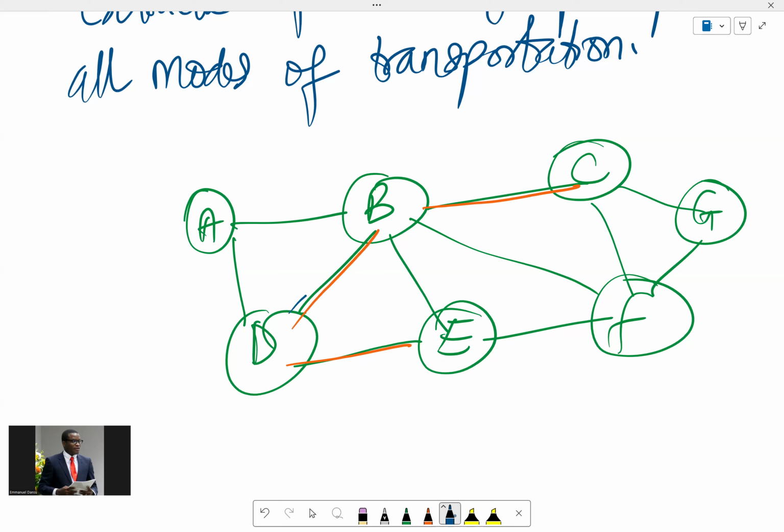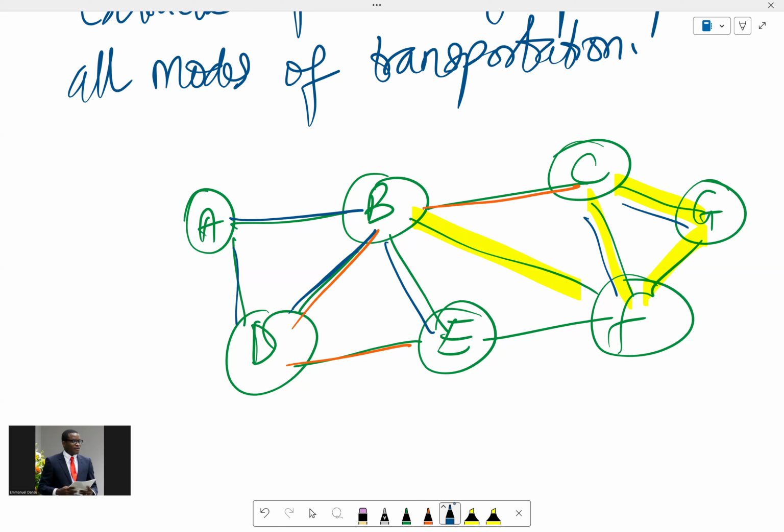Then in some of those places you can have monorails, and then in addition maybe there's a subway, like that.